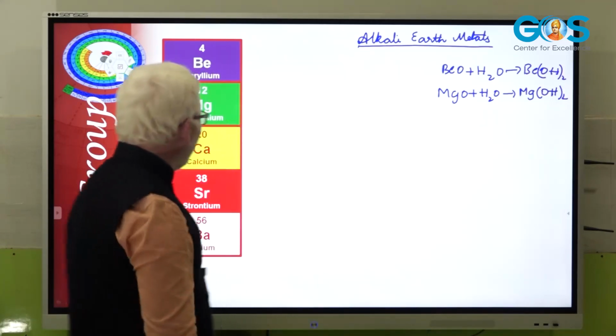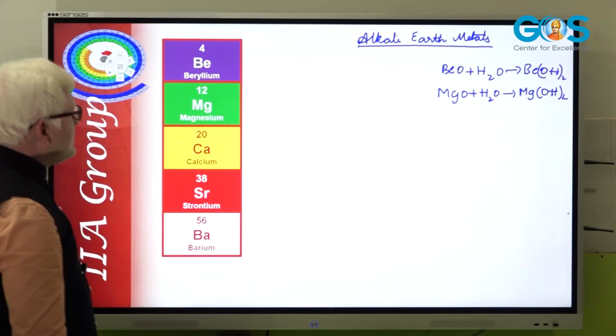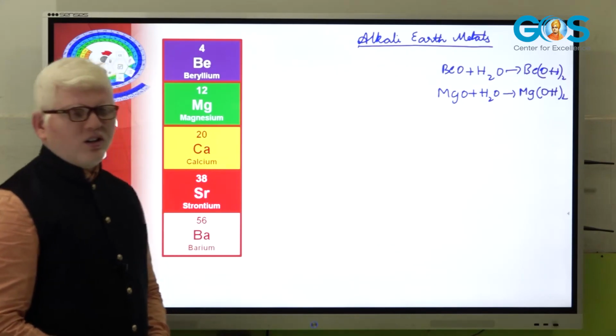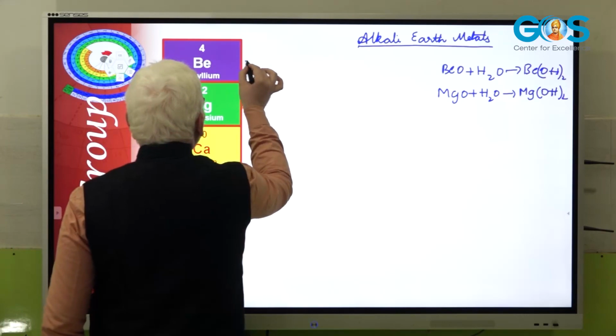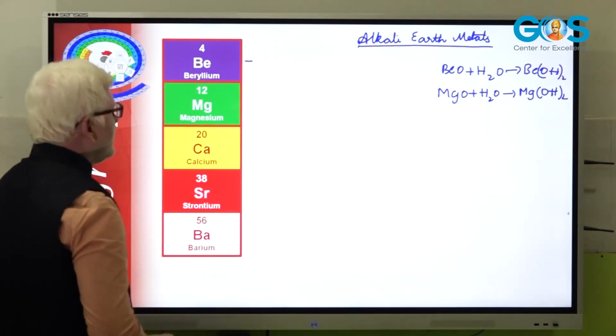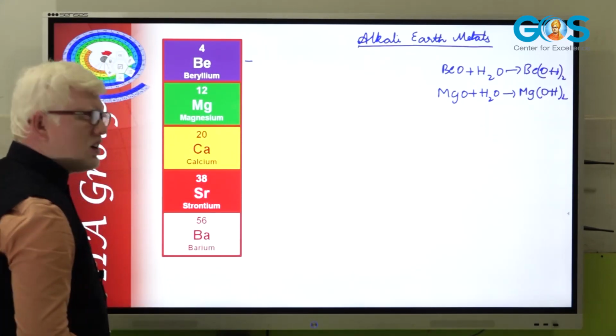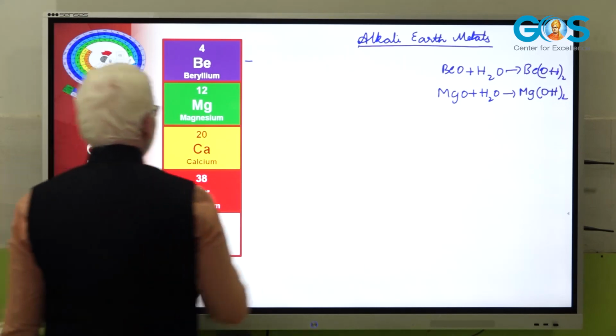Now let us find out the general valency electronic configuration. In order to find the valency electronic configuration, let us write the electronic configuration.